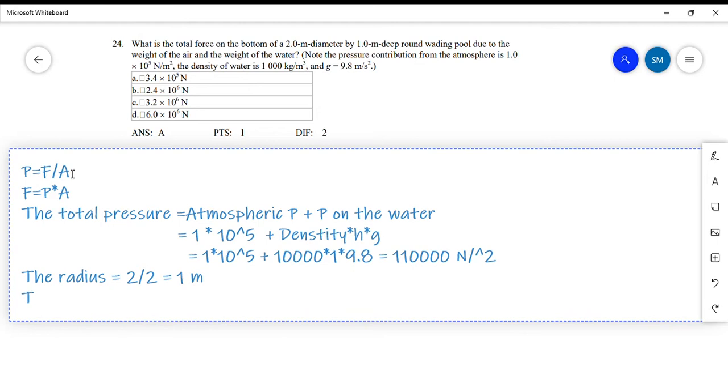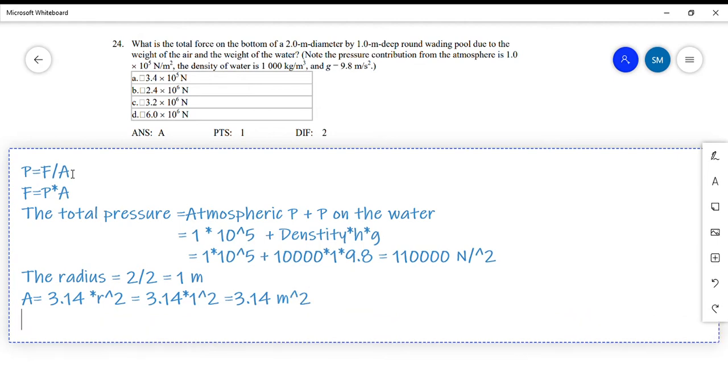So the area, or A, is equal to pi, which is 3.14, times r power 2, or r squared. 3.14 times 1 power 2, simply 3.14 meter square.